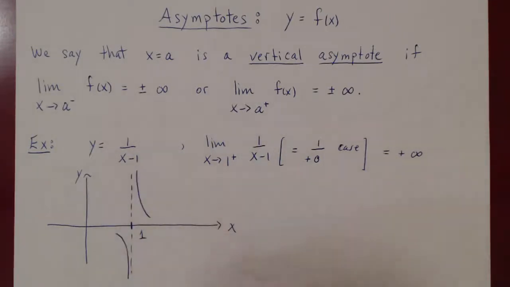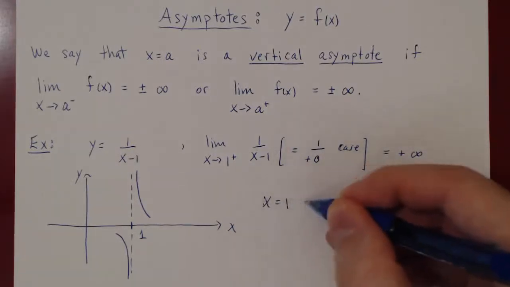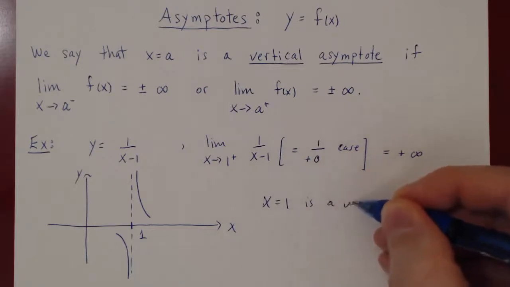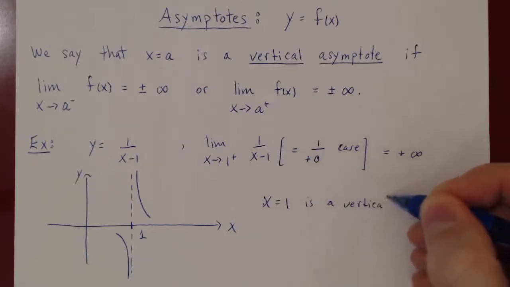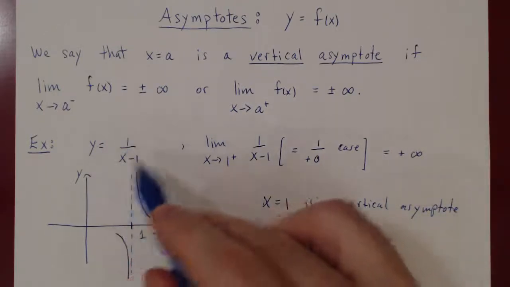So that's our first example of a vertical asymptote. So here, x equals 1 is a vertical asymptote of the function y equals 1 over x minus 1.